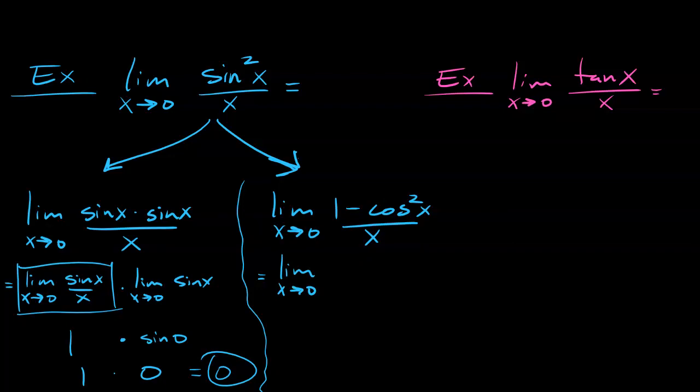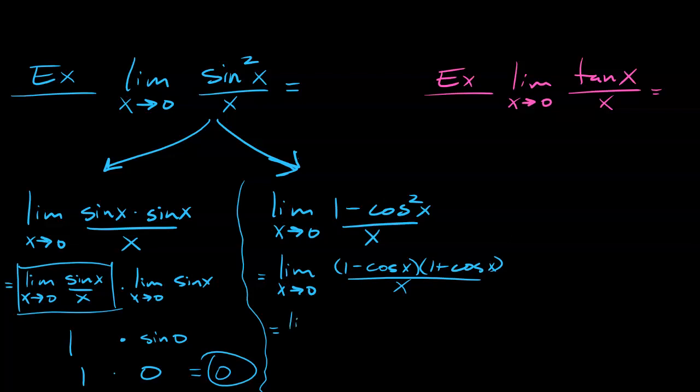So the reason I think this way might also work is that the top can be factored into 1 plus and 1 minus. It's the difference. Oh, erase that. And I'm going to use the same idea.